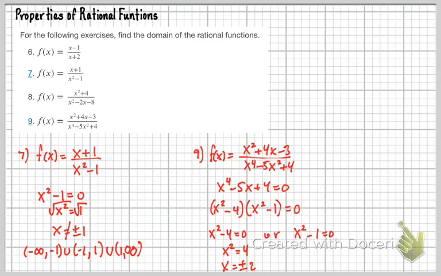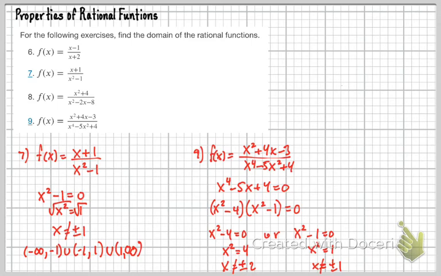For the other one, move the 1 over, so x squared equals 1, and x equals plus or minus 1. So now we have the values. Remember what x cannot equal, because we found what made the bottom 0. So we found out what didn't work. Everything else is in the domain but those 4 x values.